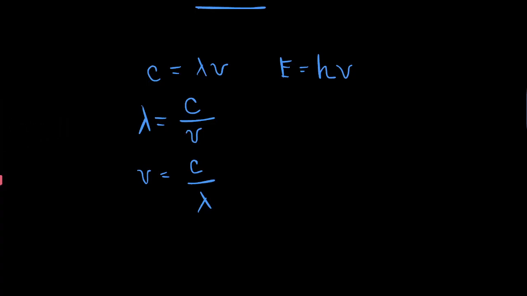So, okay, we can find the energy of a photon given its frequency. That makes sense. But what if we're given the wavelength? Is there a way we can find the energy in that case? Well, the answer is yes. From what we've established here, given our wavelength, we are able to find the frequency. And so all we have to do is simply substitute this expression for the value of nu.